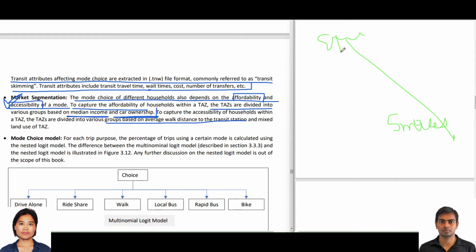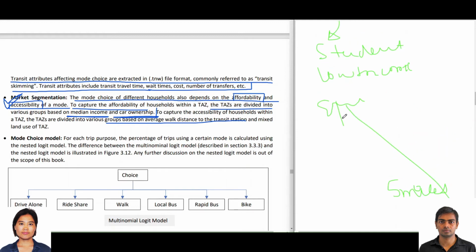Usually if it's less than half a mile or a quarter of a mile, then we think it's within walkable distance. So how close the transit station is within the TAZ from the households is related to accessibility. The second aspect of accessibility is mixed land use of the TAZ.